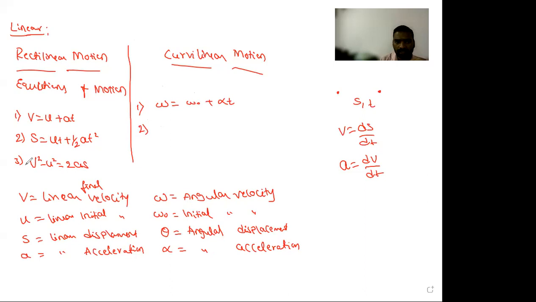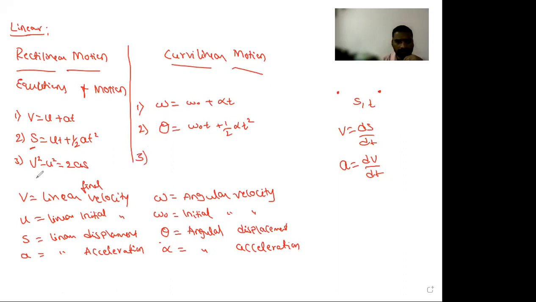The second equation, with displacement now theta: theta is equal to omega naught into t plus half alpha into t square. Is it correct?